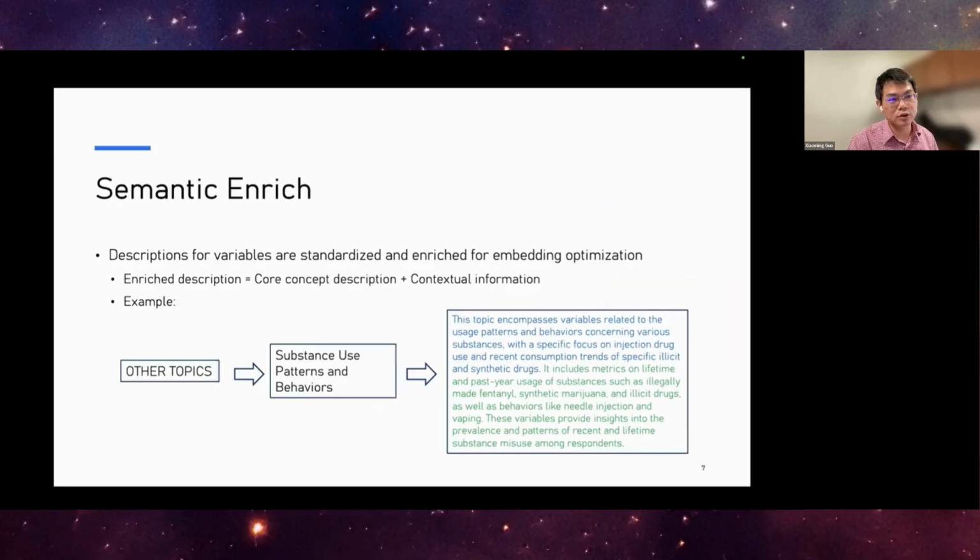As we are using a large language model to process all the information, we need to ensure that we can use semantic similarity to locate the expected variables easily. So standardization and enrichment mechanism incorporate for the entity like other topic appear in the codebook. We standardize its meaning and naming based on its related variables, as substance use pattern and behaviors.